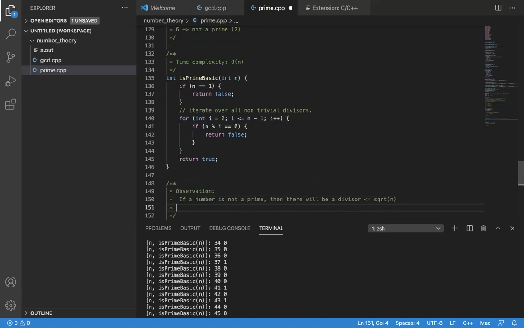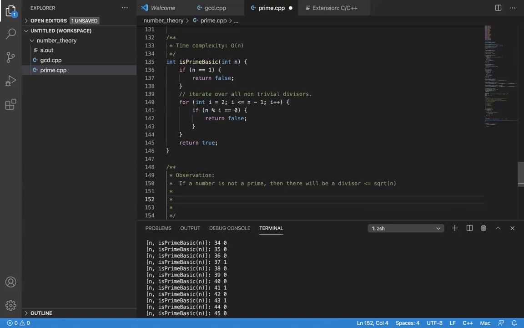So if a number is not a prime, there will always be a divisor whose value is less than or equal to the square root of n. How can you prove this? For example, let's say the number is 51. You see 51 is not a prime, so you will always find a divisor which is less than the square root of 51. So what is the square root of 51?